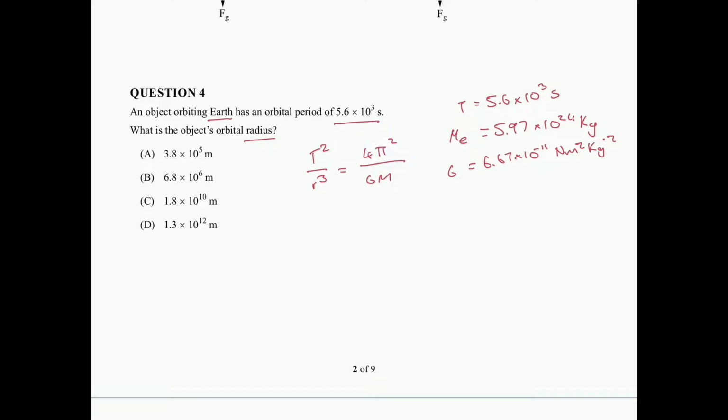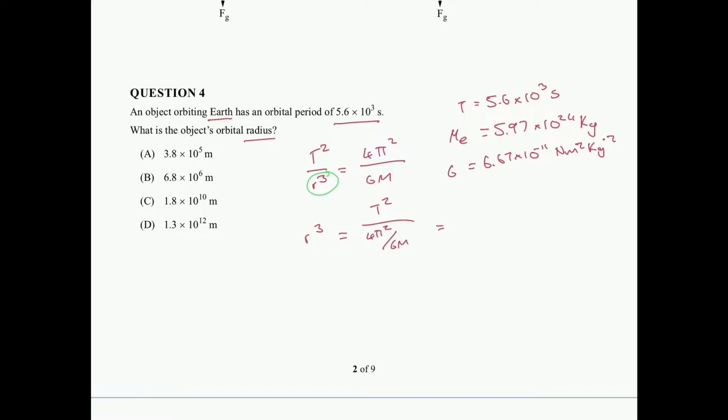All right, so another thing I've probably talked about a fair bit if you've watched our other videos is I always like to rearrange my equation before I substitute any of my values in. It takes a lot of work to carry if you substitute or simplify. But again, do what works best for you. So we're trying to solve for R in this case. First I'm going to move the T over to the other side. So I'm going to get R cubed is equal to T squared divided by 4 pi squared, don't forget the pi squared, over GM.